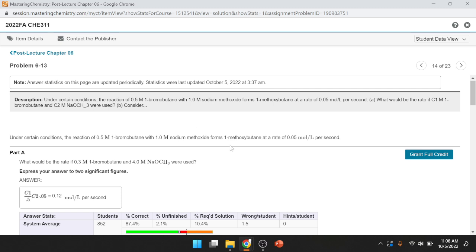And so in this case, you probably have an order of 1 for these things because that's typically how that works. If you have something attacking something else, it's going to be an order 1 for each thing, and it'll be overall order 2.